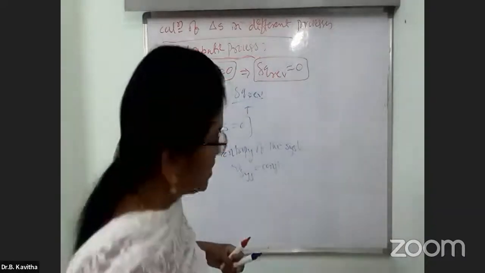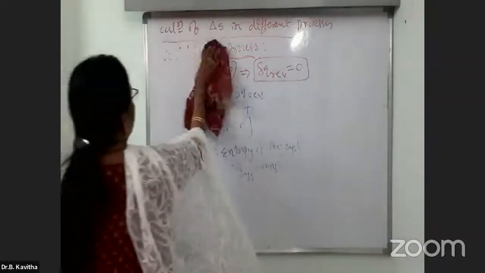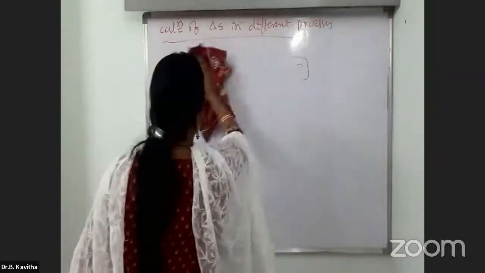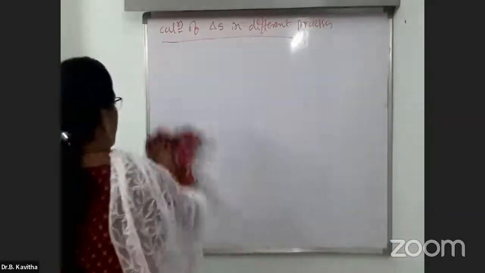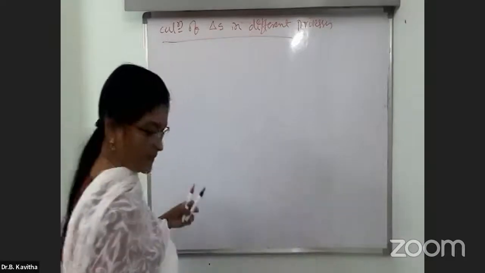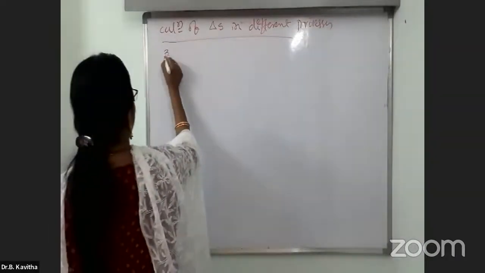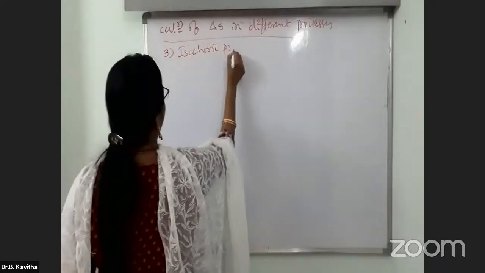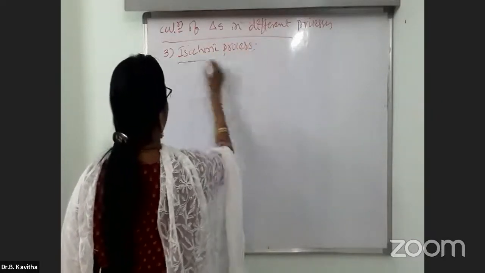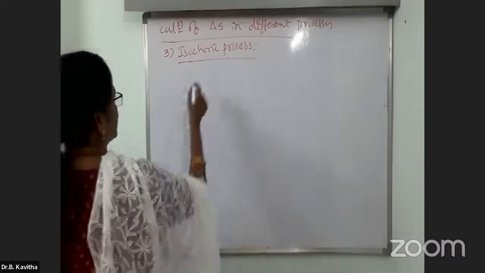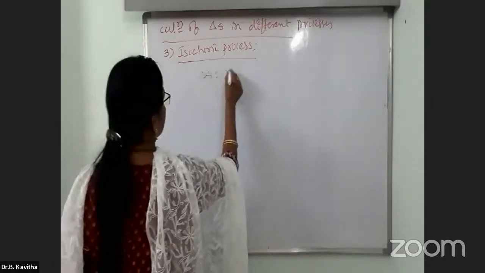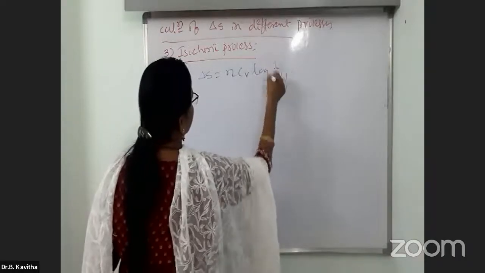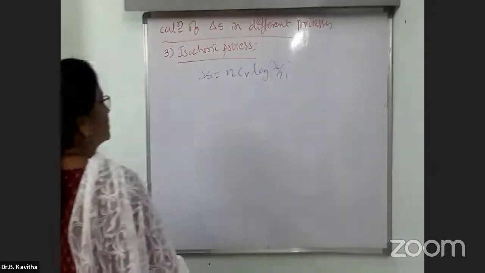And one more equation you have to know in the isochoric process and in the adiabatic process, that is, just you remember this equation. Delta S is equal to nCv log T2 by T1.